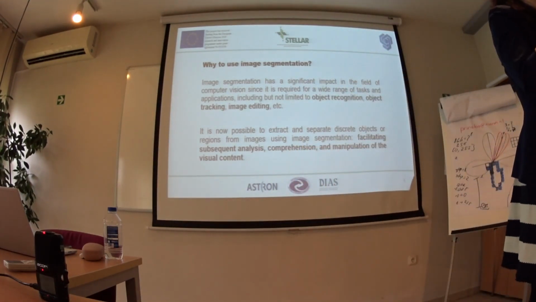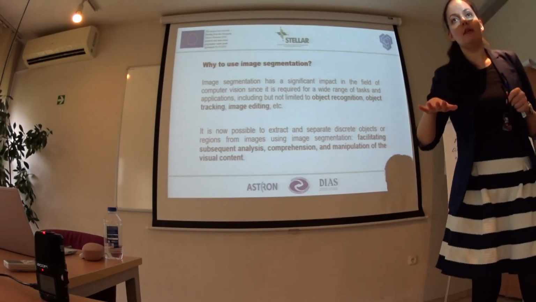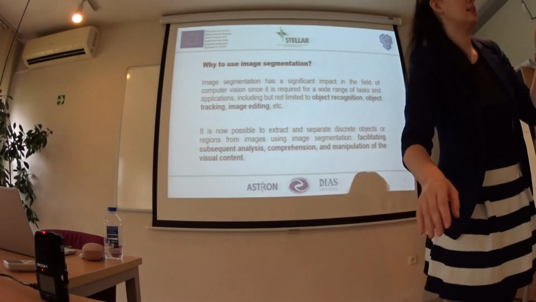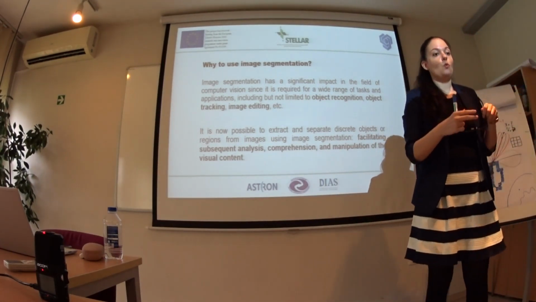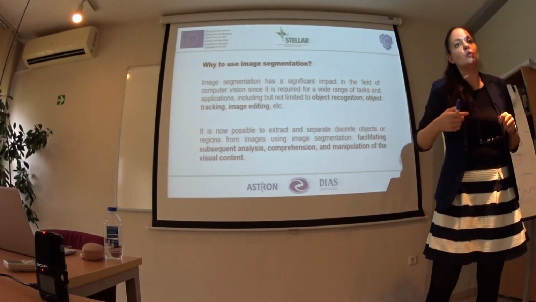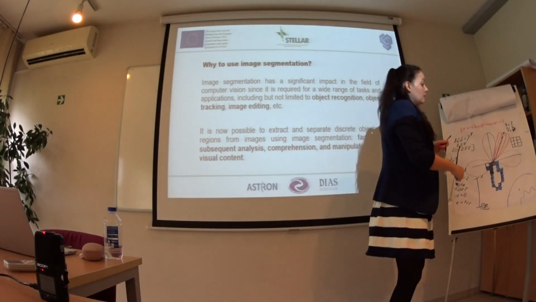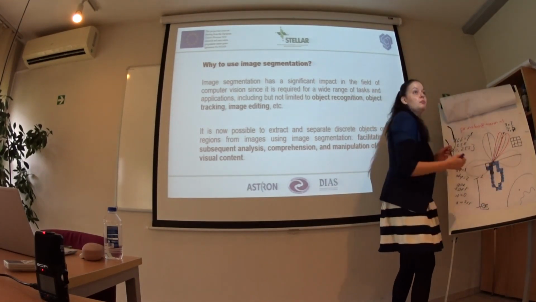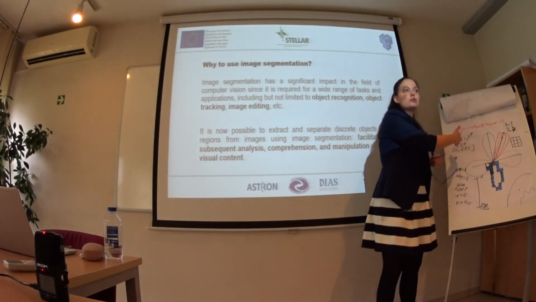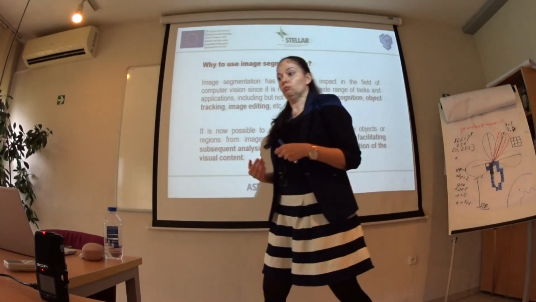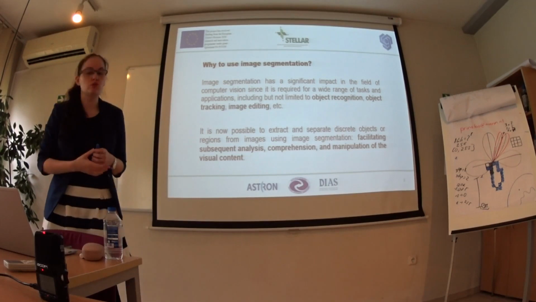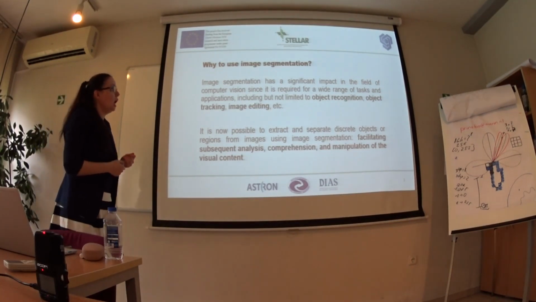We can see, but the algorithm will help us to understand what is important. Is the form important? Is the texture important? Is the structure of the information important? We can find this out through the segmentation process.